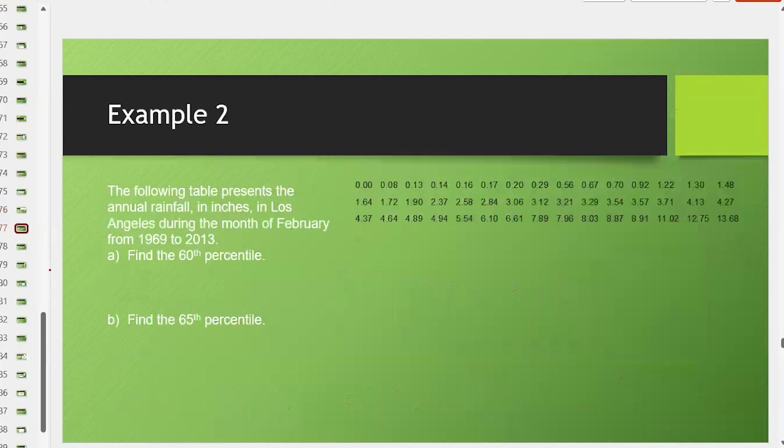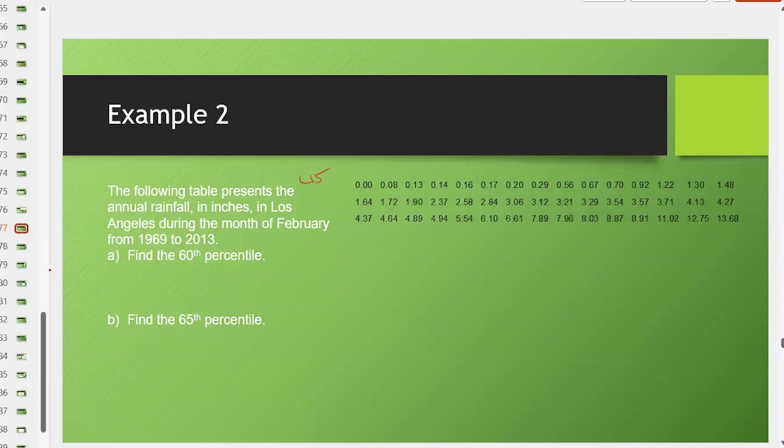We can do something very similar here to find the 60th and the 65th percentile. I don't think it tells me how many data points we have here. Let's count real quick. 1, 2, 3, 4, 5, 6, 7, 8, 9, 10, 11, 12, 13, 14, 15 times 3, so there are 45 data points.